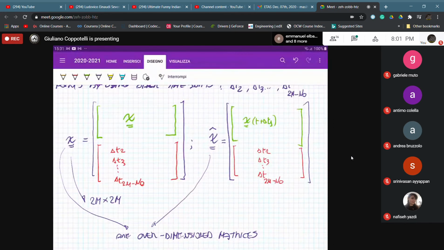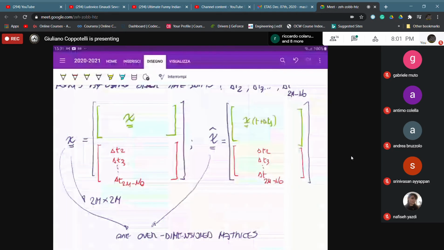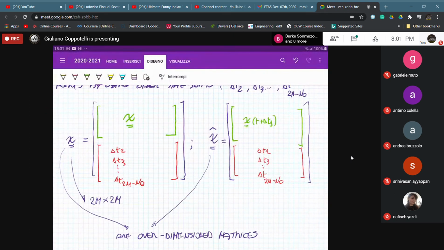Just for example, focus for a while on the behavior of just one FRF. You have just one FRF amplitude as a function of the frequency, and you can have several peaks of resonance. That is, you can have several natural frequencies and several corresponding damping ratios.